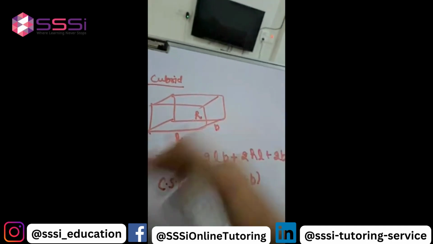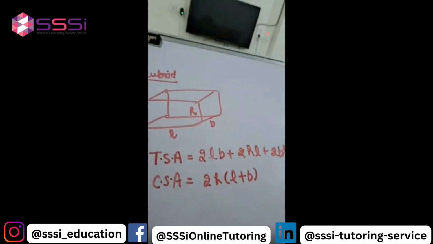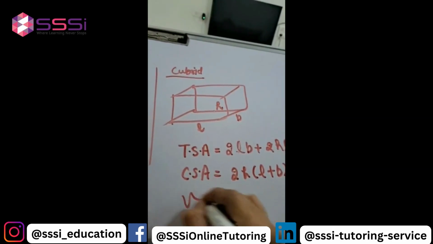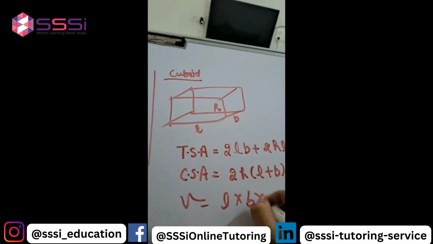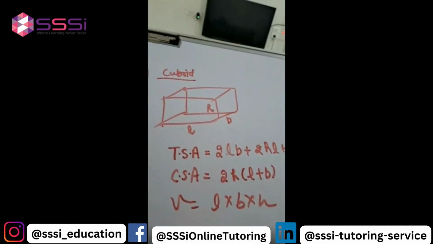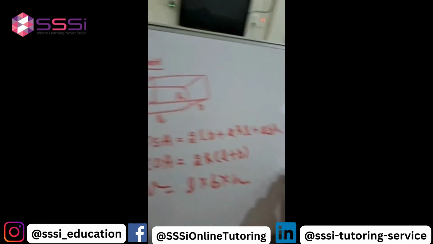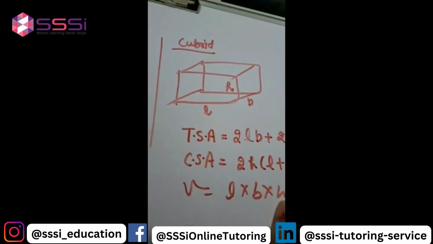You don't need to include LB. So, volume I have already told you, length into breadth into height directly. Two figures are done.